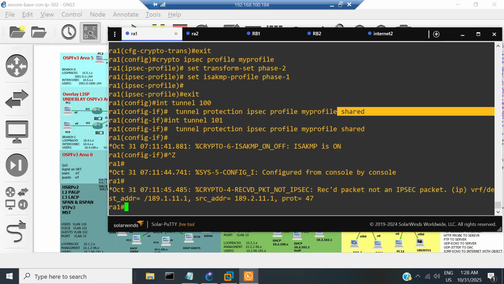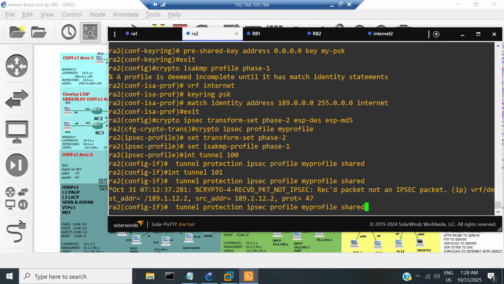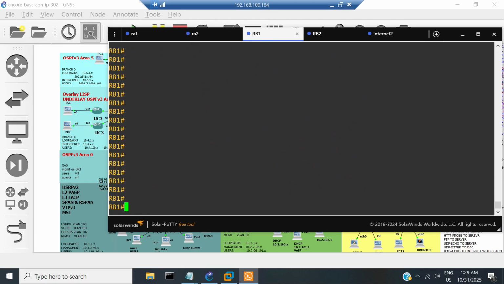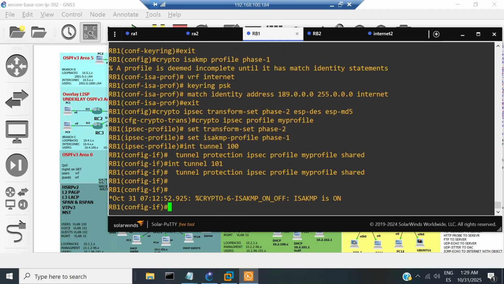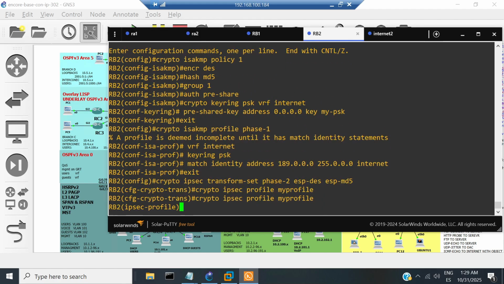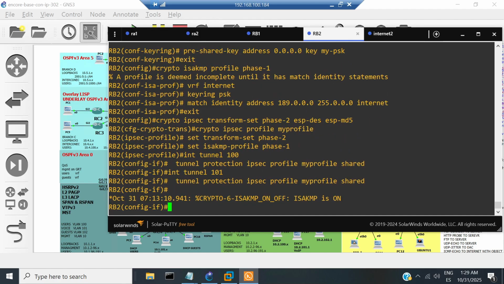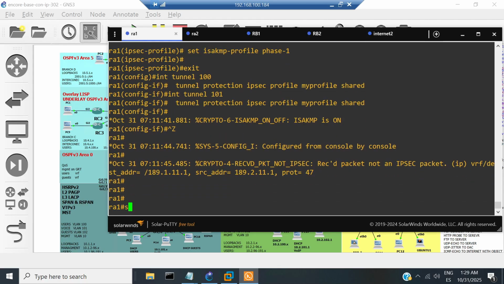Let's configure the same on all the other routers. The configuration is practically the same because we are using the same pre-shared key and the identity is wide open for these addresses. So it should be working now.